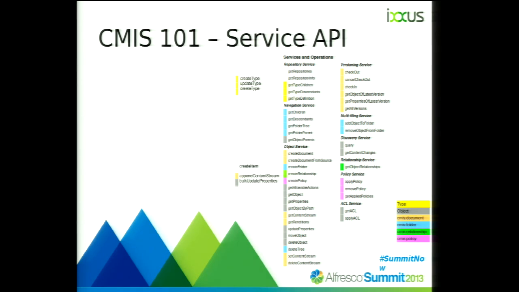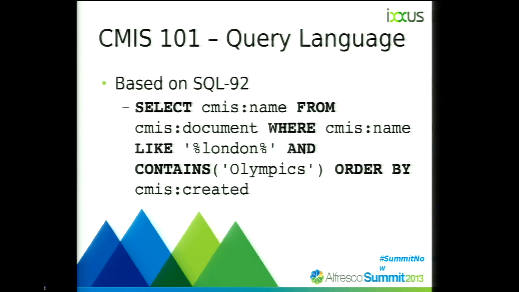Policies, these are not actually enforcing anything. If you set a policy, you need to build code around it to enforce it, and so forth. We have some new stuff, create type and update type in 1.1. That's really interesting, which I'm coming back to, because that means you can inject a content model into a running system, which is really useful.